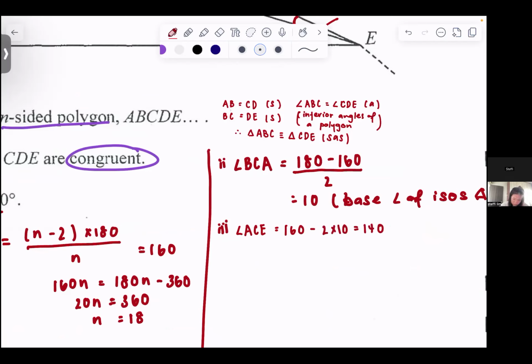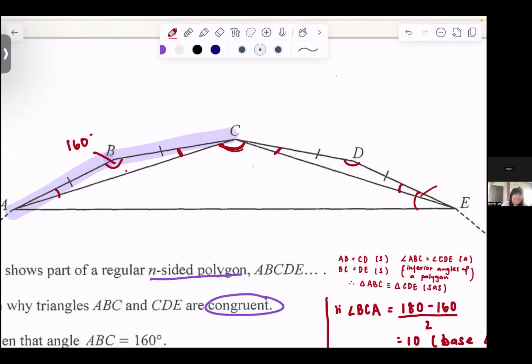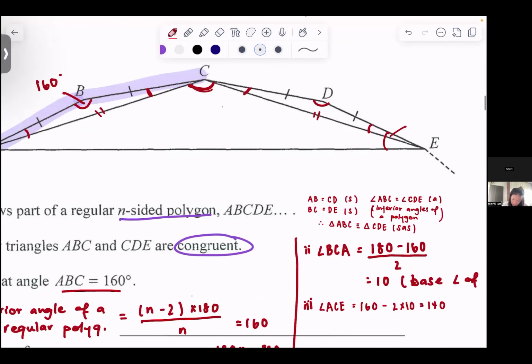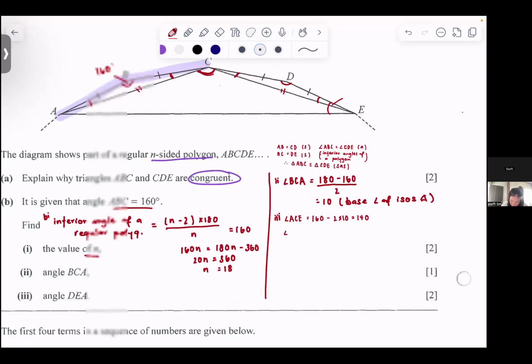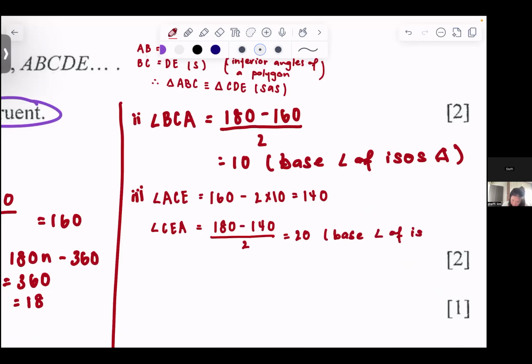You realize that triangle ACE is also an isosceles triangle, where AC equals CE. So you can find angle CEA, which equals 180 minus 140 divided by 2. This should give you 20. Reason: base angle of an isosceles triangle.